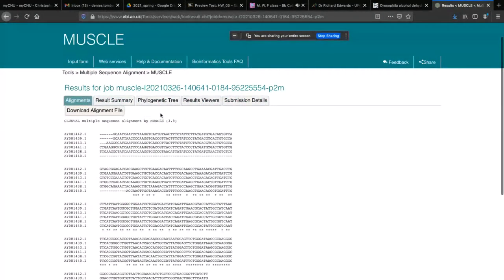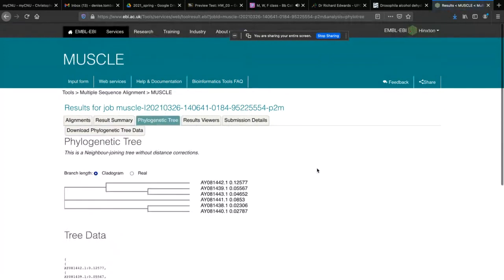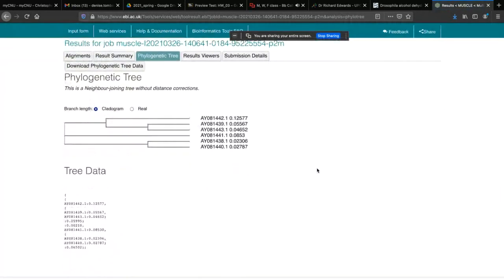It's pretty interesting. Okay, so for this question, I want you to assess or interpret the phylogenetic tree. So click on phylogenetic tree. And I said, click on the wheel. The reason for that is because when you do a cladogram, these are all aligned and they all end at the same spot.